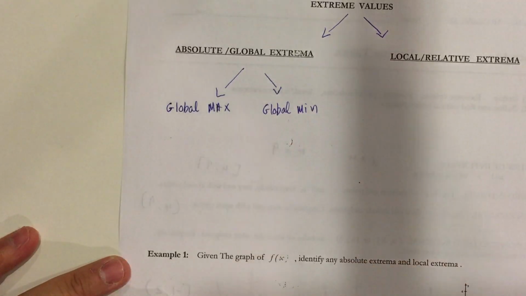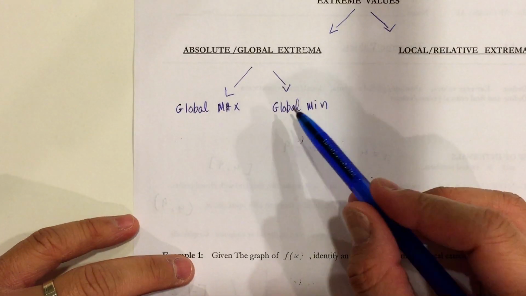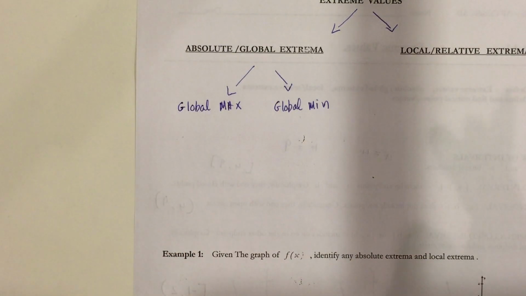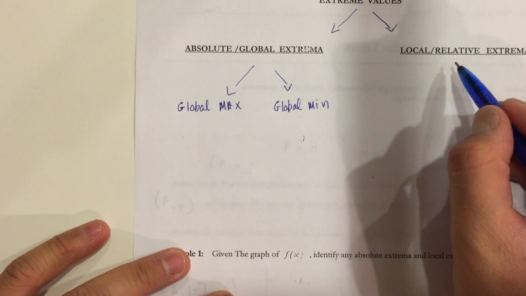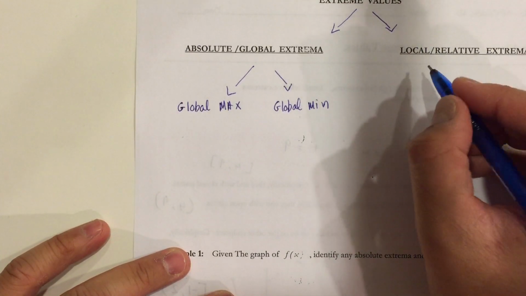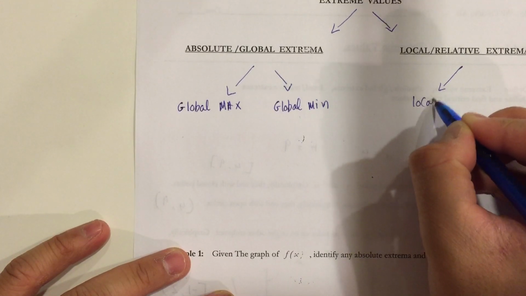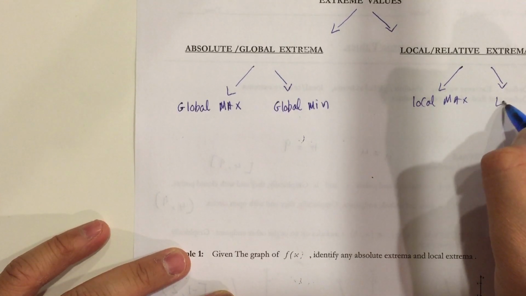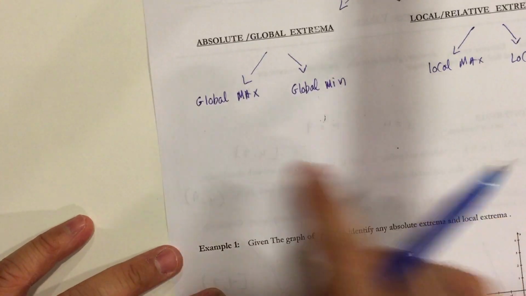When we use the word global maximum, we're saying the highest of all, right? When we use the word global minimum, we're saying the lowest of all the points. Extreme value can also be local or relative extrema, so it could be local maximum or local minimum.